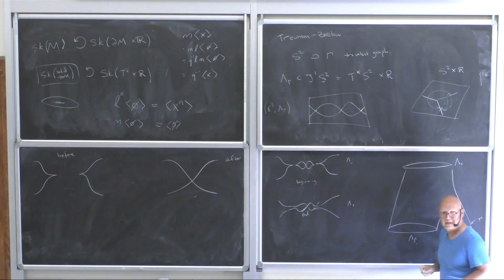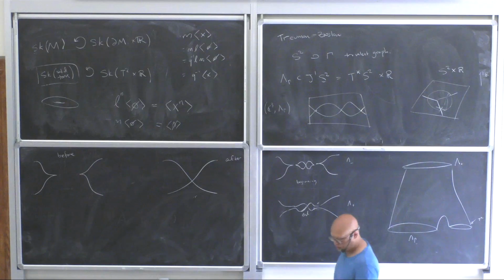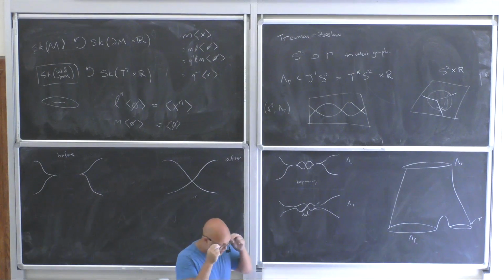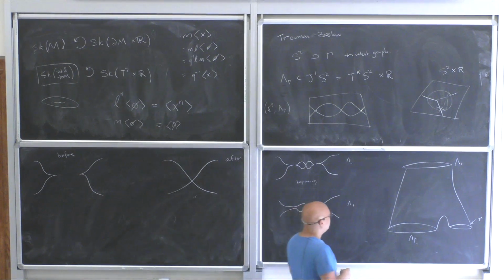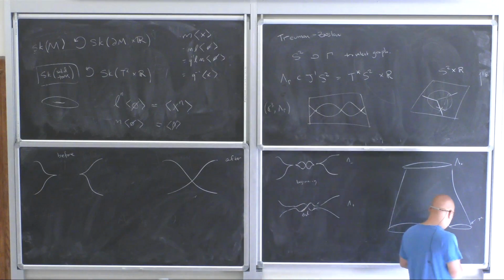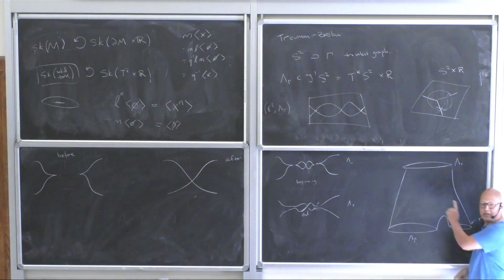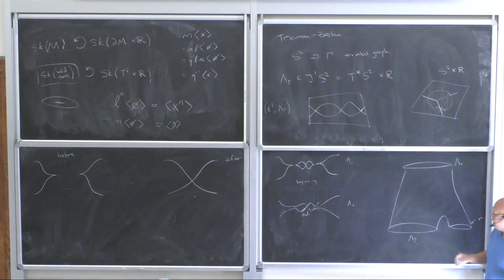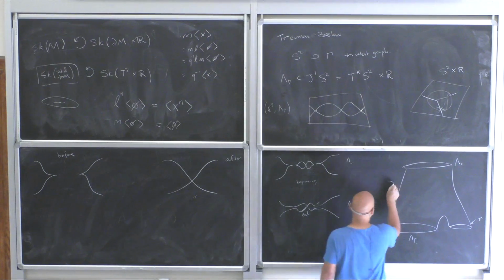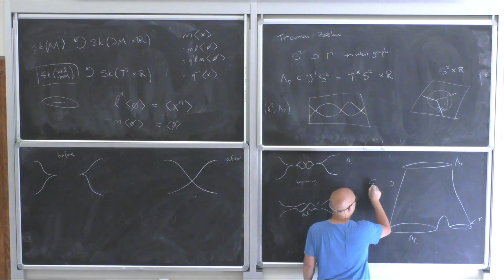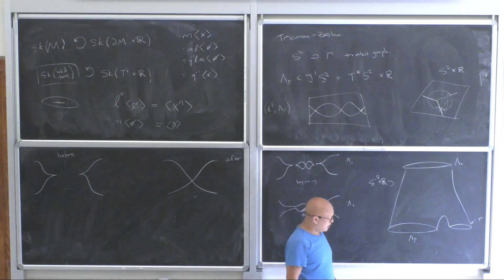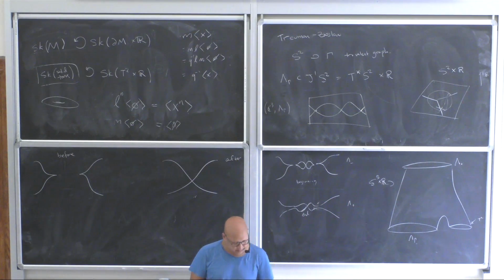Okay, that's the cobordism. Now I'm going to count curves in this geometry. This whole cobordism lives inside an S5 times R, so I can count curves in this geometry.